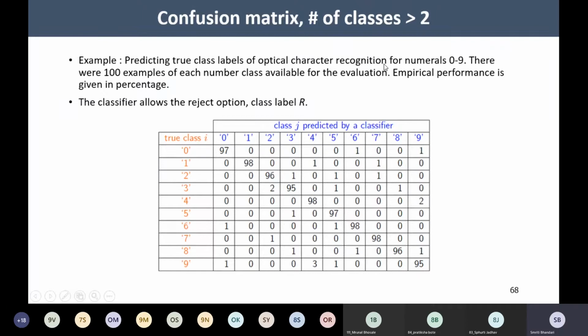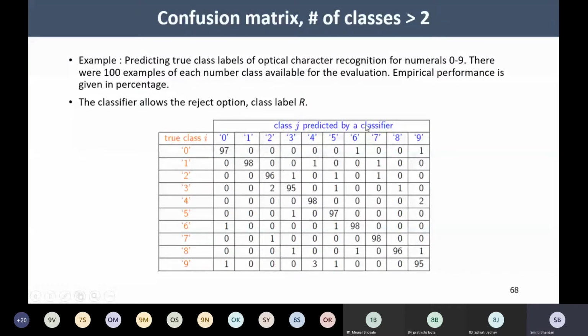So we are having 10 classes here. How many classes we have? 10 classes. And what are those classes? One class representing one digit, 0 to 9 are the classes, right? And we are having number of samples that we are going to test for every class.